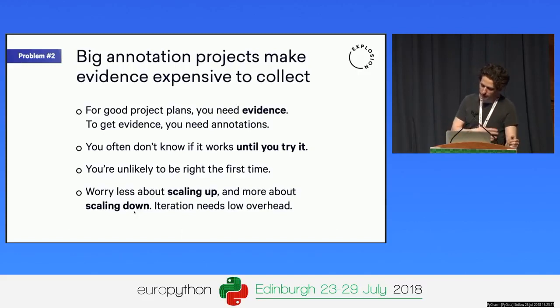The other consideration that I want to raise, which often stops you from taking an iterative approach, is that if you focus mostly on big annotation projects, then it becomes very difficult and very expensive to collect evidence because there's a high startup cost of starting a new project.